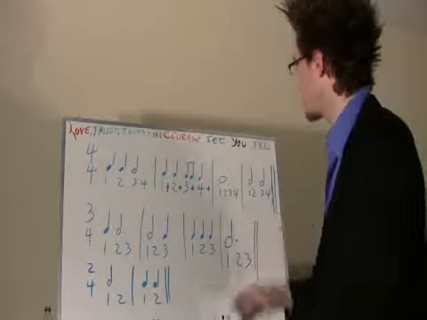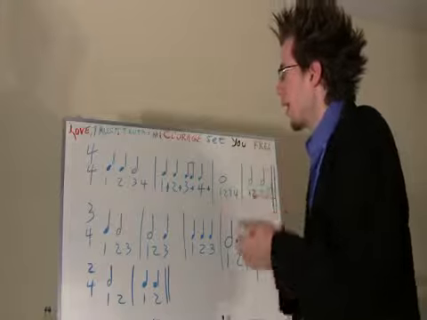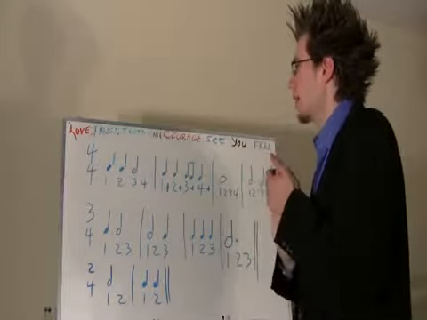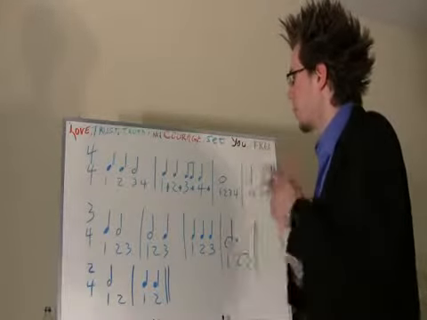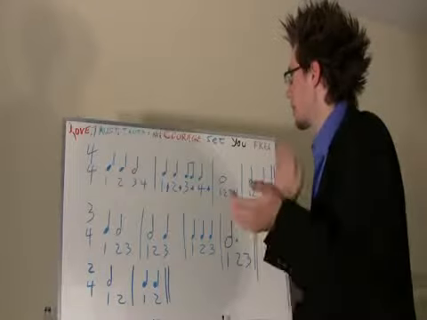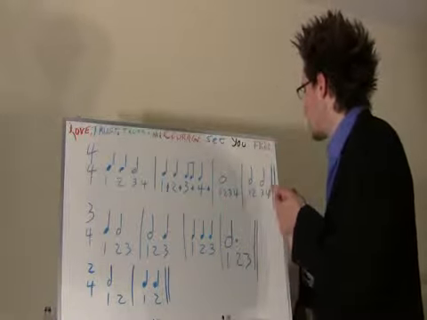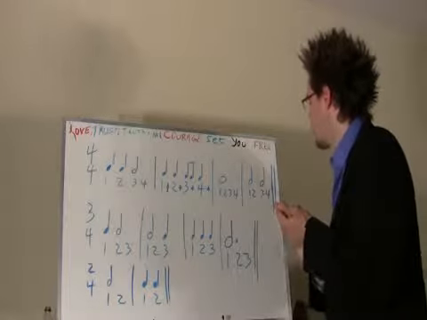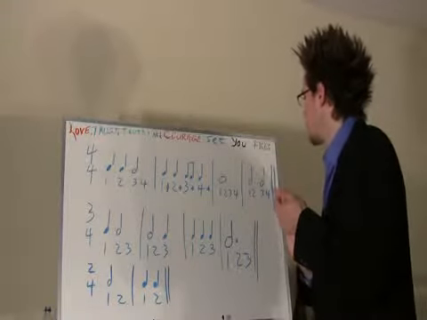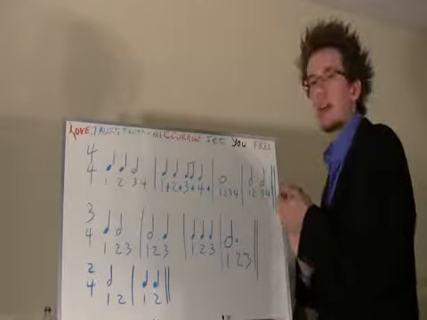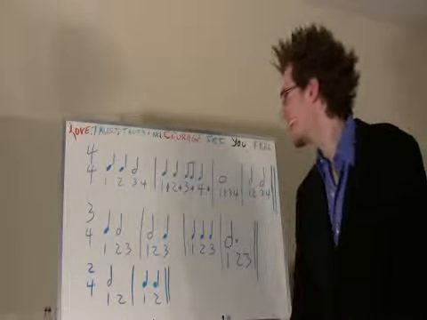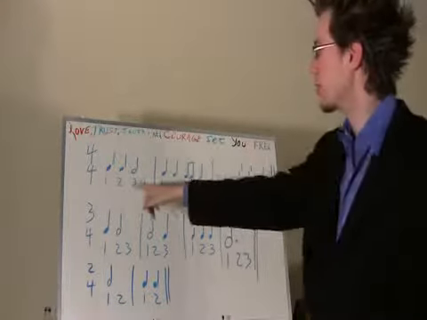So from here to here, let's hear it. 1 and 2 and 3 and 4 and 1 and 2 and 3 and 4 and 1 and 2 and 3 and 4 and 1 and 2 and 3 and 4 and. Now you notice I put the ands in through the whole line.